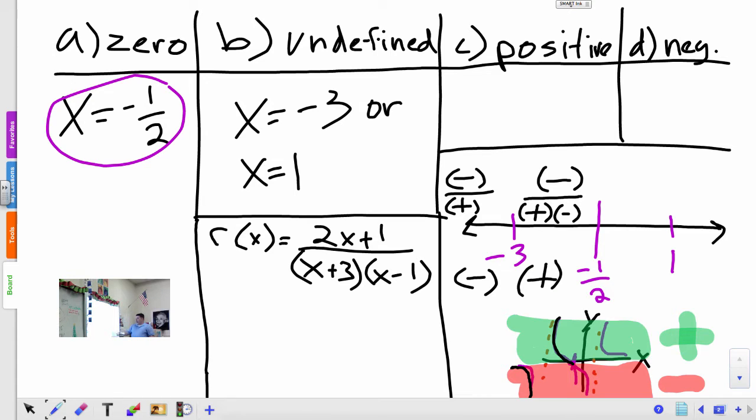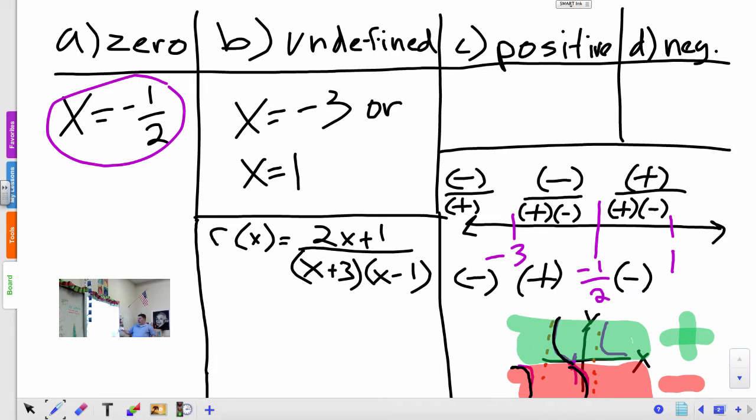When I pick a value between -1/2 and 1, 0, I get a positive 1 in the top, and then a positive 3 times a -1. So I've got positive times a negative. What's the overall? Negative. That's true.